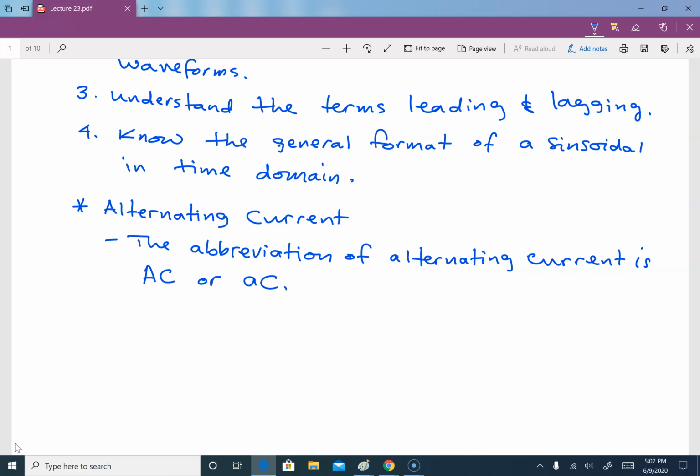Either one is okay, whether it is uppercase or lowercase, that is alternating current.